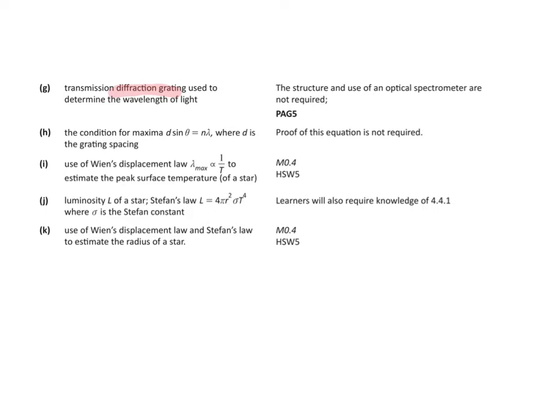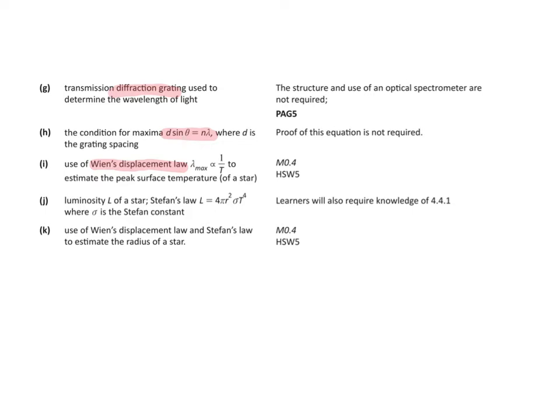You will also need to know the condition for maxima that's linked to this equation. We'll explain how it's derived as well, even though you don't need the proof for this equation. We will look at Wien's displacement law, which has to do with the wavelength and maximum temperature of a star.